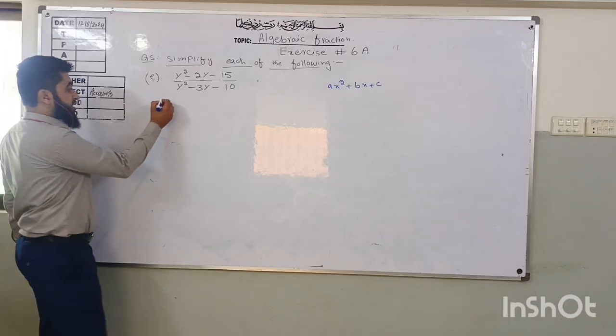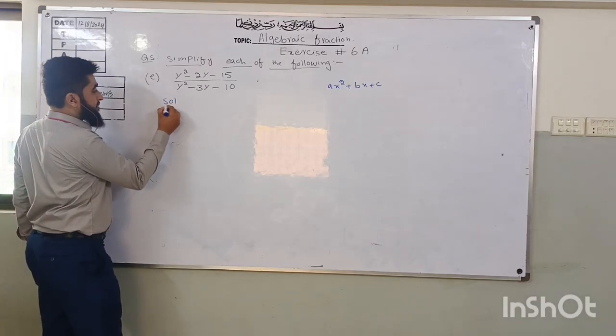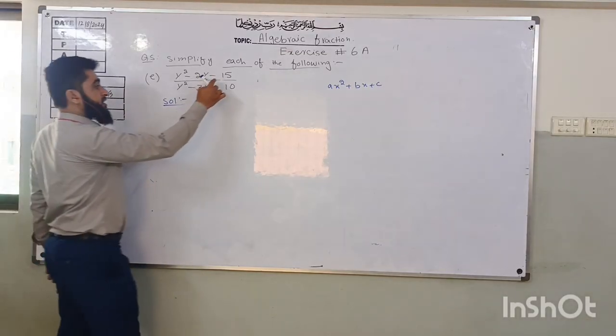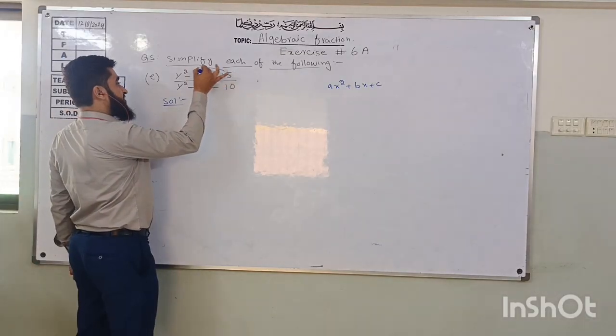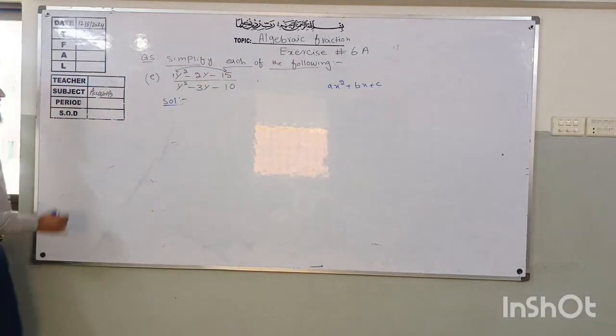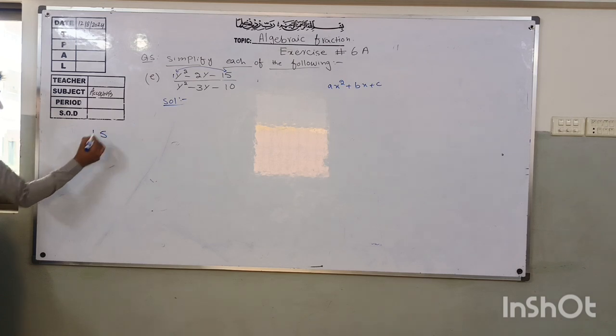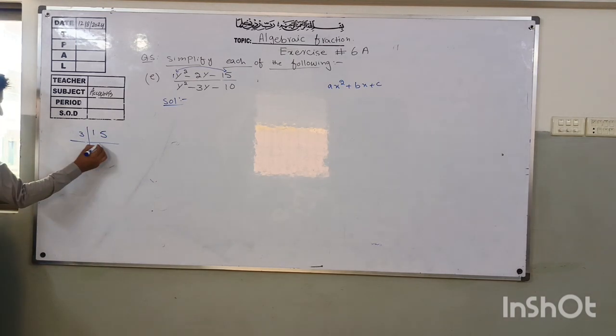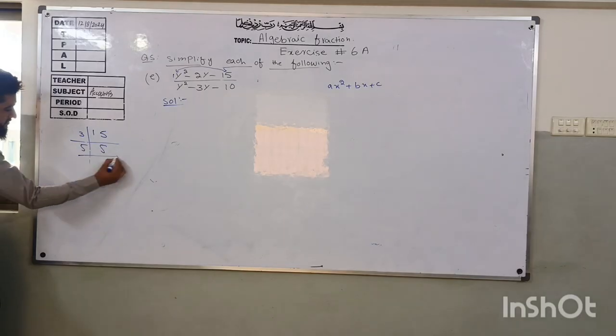So by factorization, we can apply middle term breaking. How do we apply middle term breaking? First of all, the end value and first value will be multiplied. 15 × 1 is 15, so we will make factors. 3 × 5 is 15 and 5 × 3 is 15.